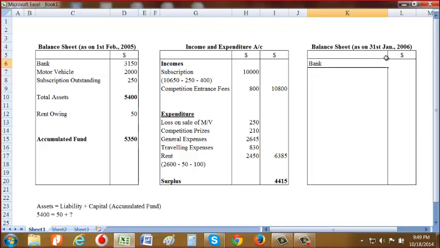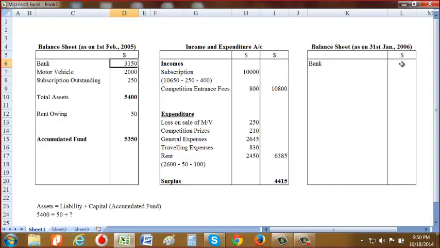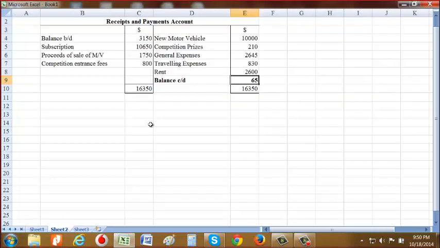Bank, isn't it? So the same item I will take, bank, but this time I will not take the opening value, I will take the closing value. So see the receipt and payment. This is the closing value, 65. So this 65 I will take here. Now motor vehicle I will take. The old motor vehicle I have sold, and this new motor vehicle I bought at what price? Say 10,000, isn't it?